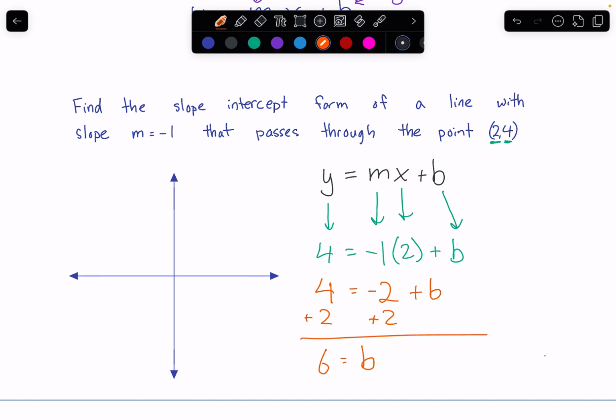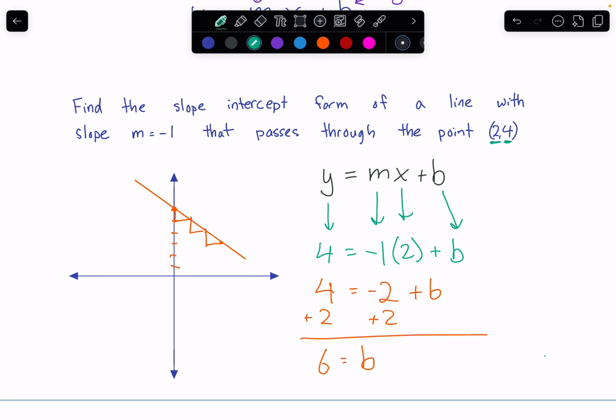That's all we need to graph, right? We'd count 1, 2, 3, 4, 5, 6 up, draw a point, and then just go down 1 over 1. Oops, that's not what I was trying to do. Down 1 over 1, draw a point, down 1 over 1, draw a point, down 1 over 1, draw another point, and then just connect those dots, and we'd have a line, right?